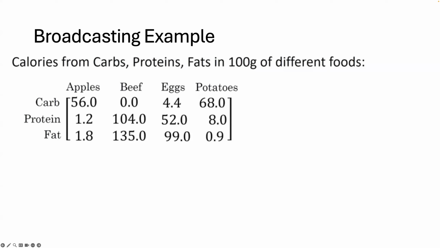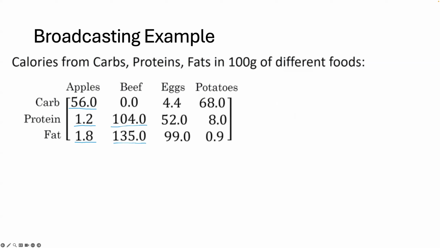For every 100 grams of apples, it turns out to have 56 calories from carbs, and much less from protein, which is 1.2, and also 1.8 from fats. In contrast, 100 grams of beef has more, 104 calories from protein and 135 from fat.